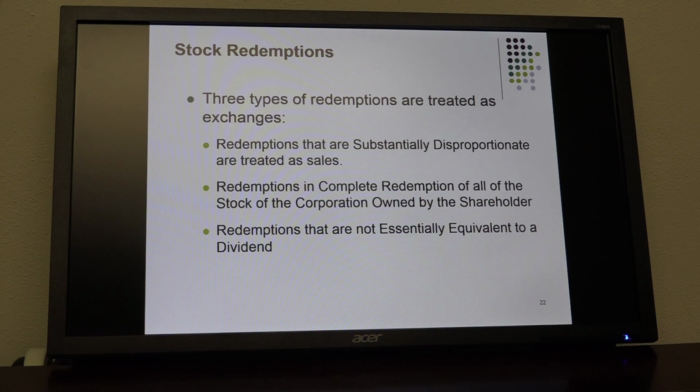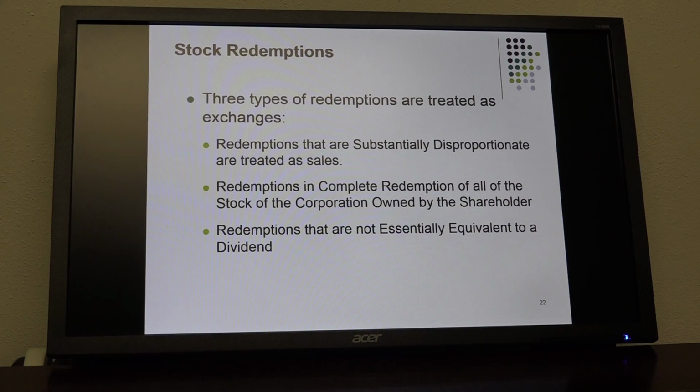Well, to meet the 80% rule, you'd have to own 48% or less of the corporation after the redemption, because 48% is 80% of 60%, and the 48% is below 50% of the total ownership of all the stock, right? So you meet the 50 and 80% rule there. So you have to be pretty precise in how you do this.